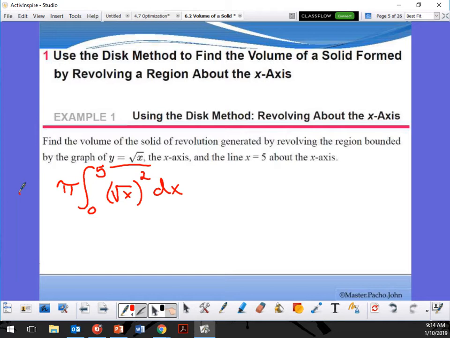Anyway, all right, let's go ahead and do the math here. When I square the function, it's just going to give me x, right? So it's going to be pi, integral from 0 to 5 of x dx.